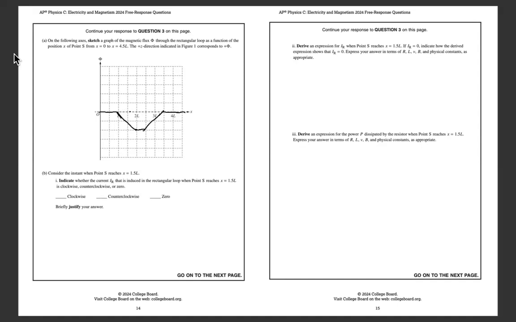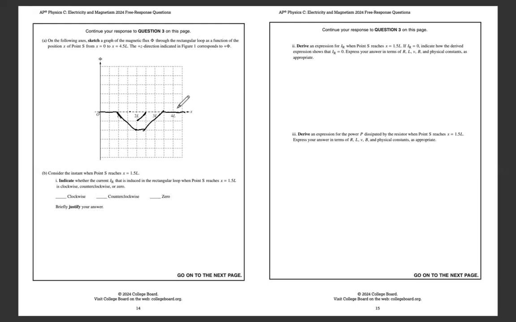So you're still going to have the same trend in flux from 0 to 1.5 L. It's just once you reach that, you're going to end up getting the current to go down to 0 sooner. By the time you reach 2.5 L, your current should be 0 again.